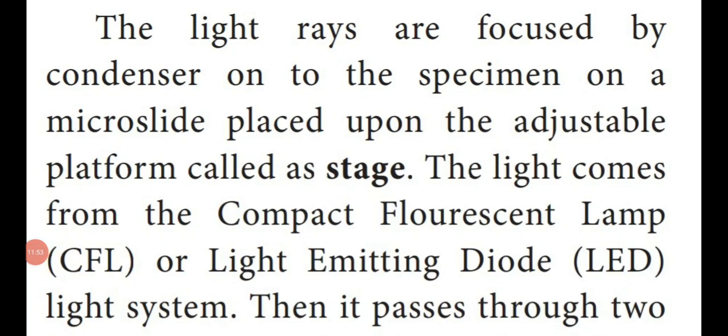The structure of a bright light microscope. The light rays which pass through the microscope are focused by a condenser onto the specimen on a microslide placed upon an adjustable platform called a stage.